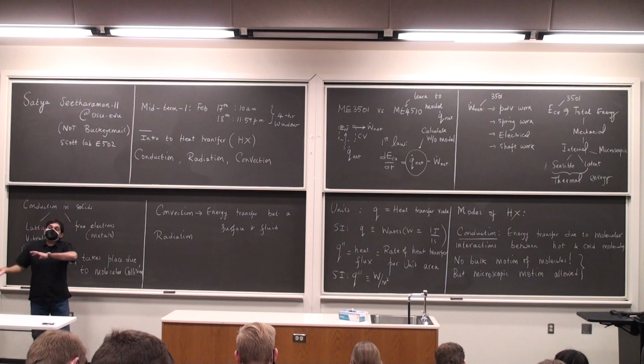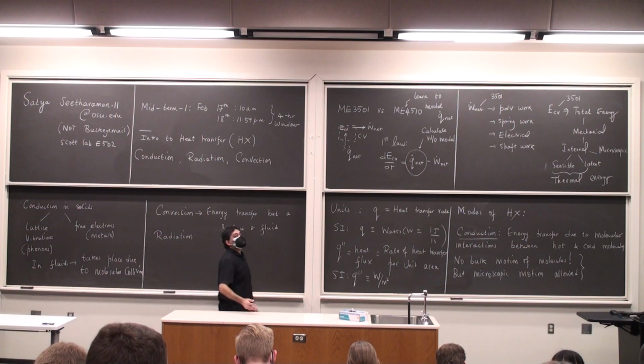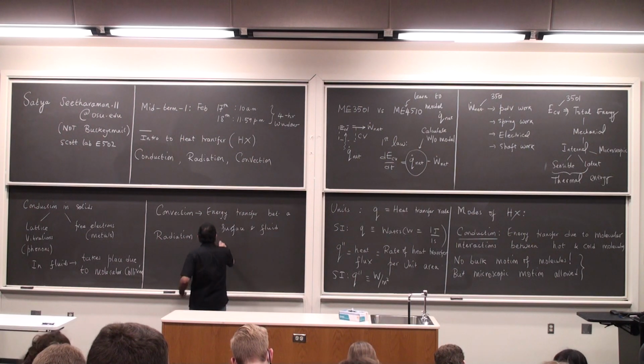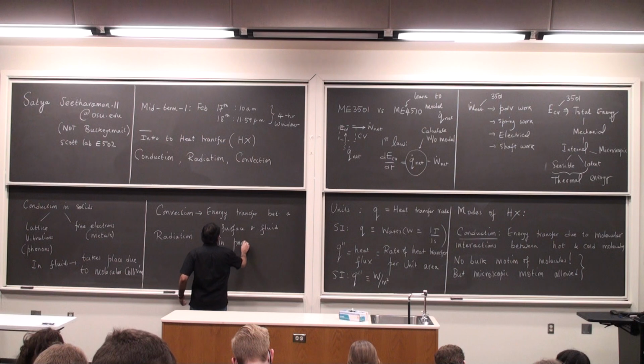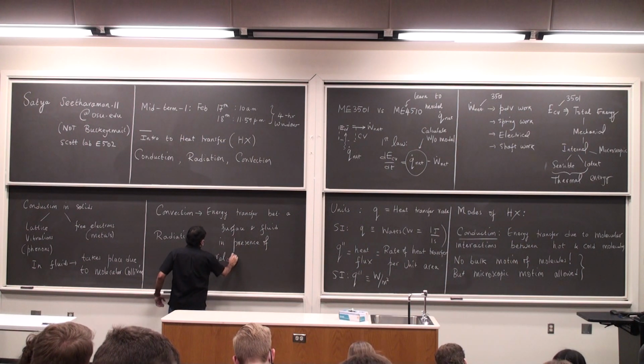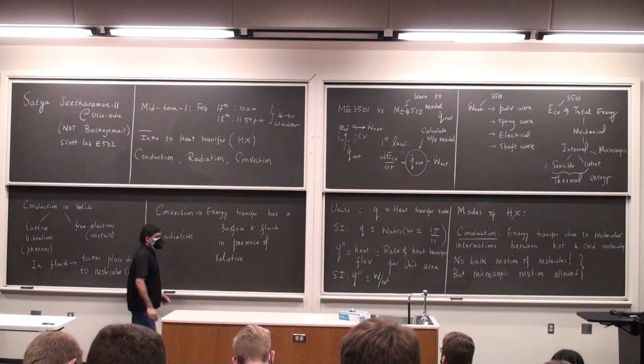The bulk motion could either be the solid moving, the fluid staying stationary, or the fluid moving, the solid staying stationary. Relative motion, okay, in the presence of relative bulk motion.